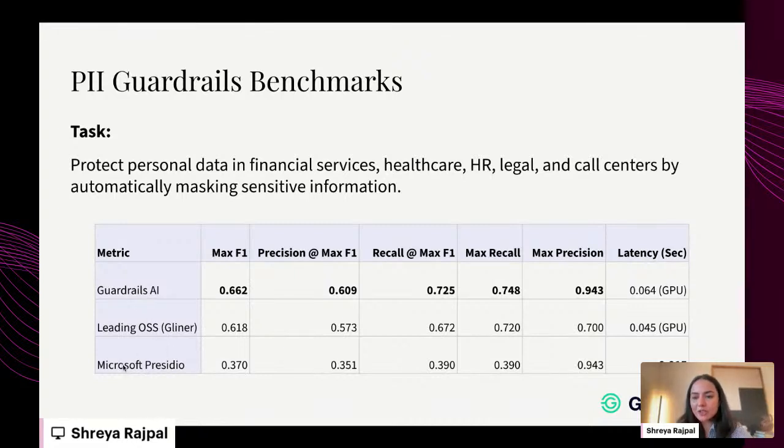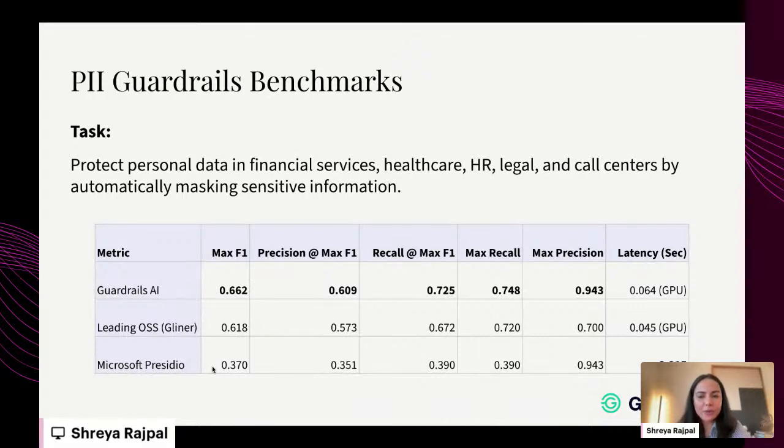And then we benchmarked Microsoft Presidio, a leading OSS model that is transformer based. In contrast, Microsoft Presidio is more rules based, or traditional NLP techniques based. And then we also benchmarked a new PII guardrail that we ended up building, which was an ensemble of a lot of different types of techniques for catching PII.